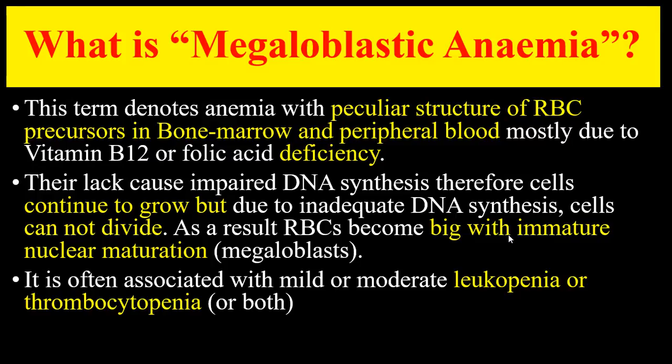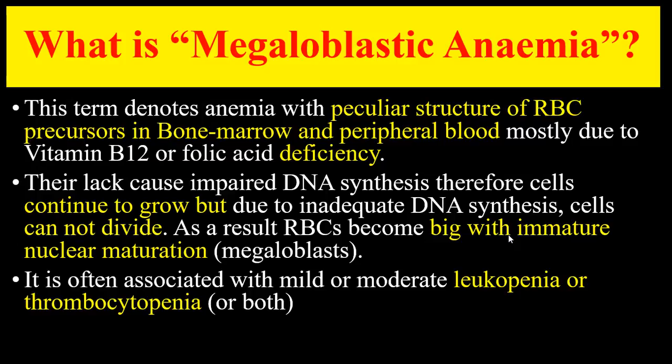Why? Because the lack of both of these nutrients produces indistinguishable features in the RBCs in blood vessels as well as bone marrow, and that typical structure is known as megaloblast.